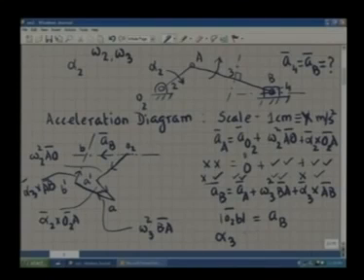So alpha 3, we can find both the magnitude, which is the magnitude of the vector B prime B divided by the magnitude of the vector AB, and in this particular diagram it is in the counterclockwise direction. So, we have carried out the complete velocity and acceleration analysis of this slider crank mechanism.